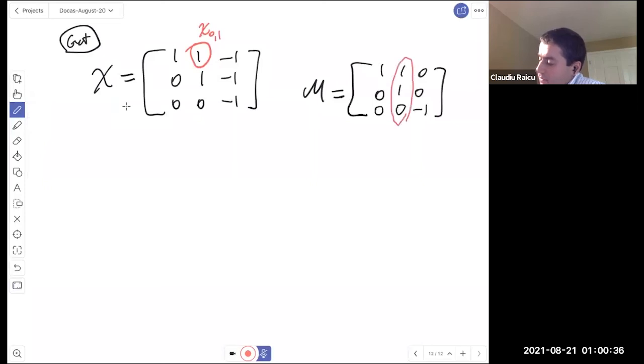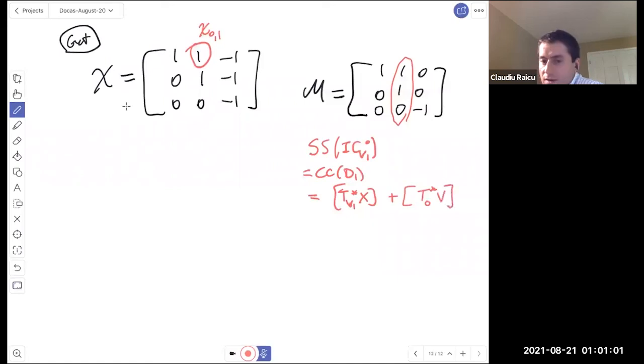The fact that you have 2 entries in this column is just a statement that if you look at the singular support of the IC sheaf of the quadric cone, or the characteristic cycle of the corresponding D-module, it's going to have 2 components. That's the conormal to V1 plus the conormal to the space of 0.